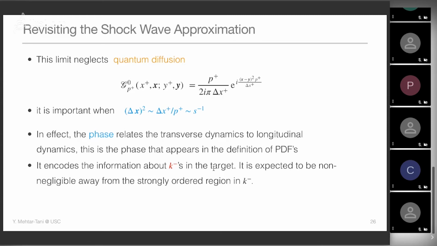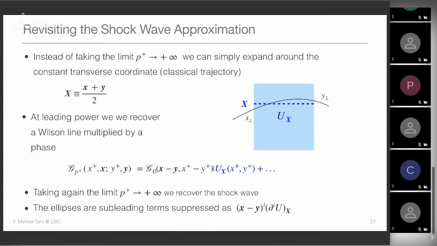So this is expected to play a very important role when we go away from the strong ordering region. As I said in the beginning, at next to leading order, the large collinear logarithms are generated by regions where k minuses are not so strongly ordered. So how do we do this?